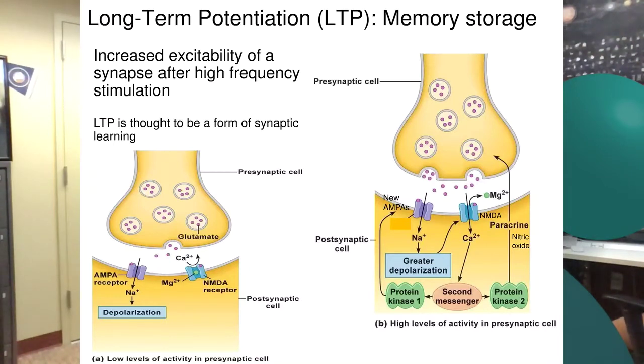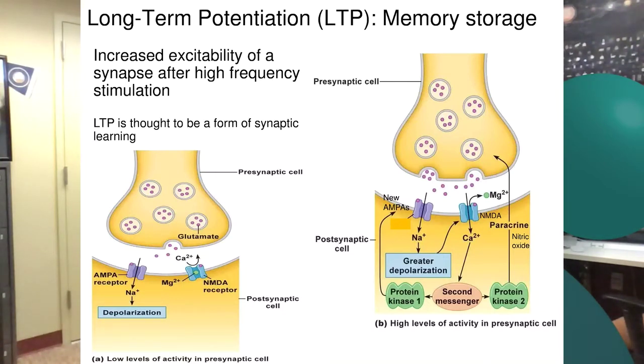So we believe by you thinking about and studying, what you're doing is causing this synaptic pathway to occur again and again, which then causes that neuronal change, the growth in those cells, and that is a memory storage.